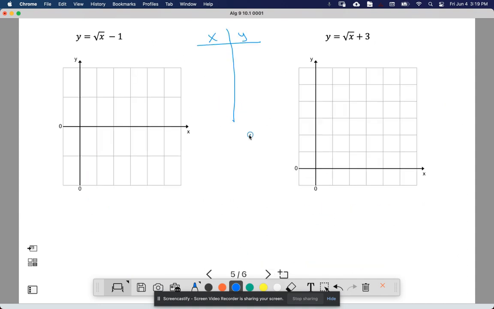So when we subtract 1 from all of those, starting with 0, 1, 2, and 3, we get a -1, then we get 0, then 0.4, and then 0.7. So 0 and minus 1, 1 and 0, 2 and 0.4, and 3 and 0.7.